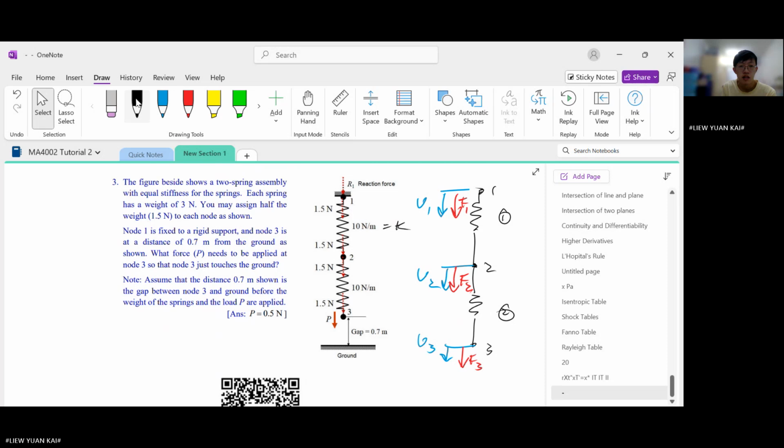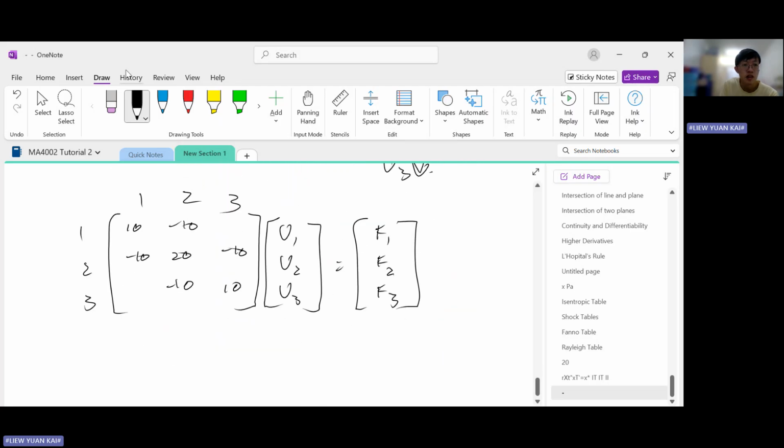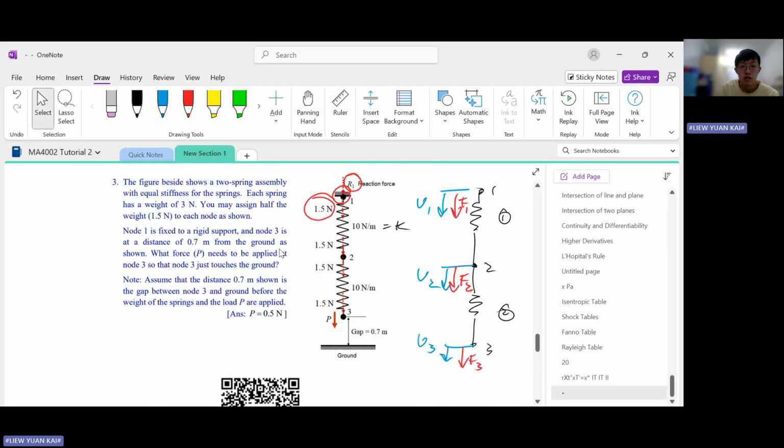Do we know the forces? We do. Look at each of the nodes to find out the forces. On node 1, we have R1 plus this 1.5, so the first loading will be R1 plus 1.5. The next loading is on node 2. If you find this confusing, according to the diagram, node 2 has 1.5 newtons here and 1.5 newtons here.